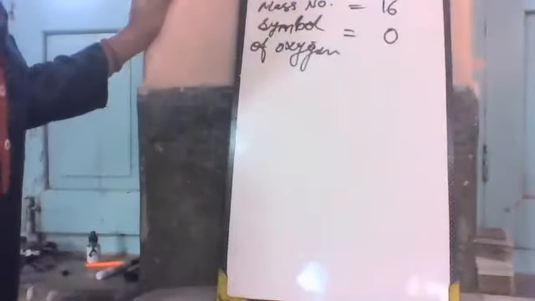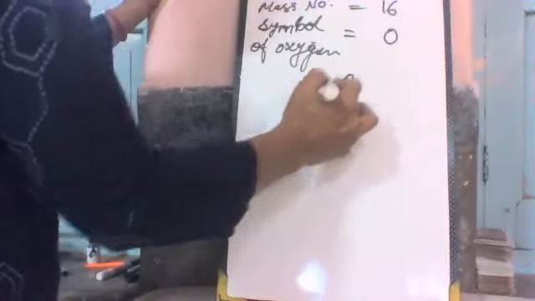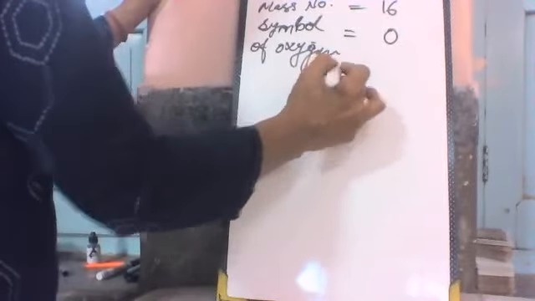We are taking another example. Symbol of oxygen is O. Mass number is 16 and atomic number is 8. So how to represent it? First we have to write 8 as the atomic number, then the symbol and mass number.